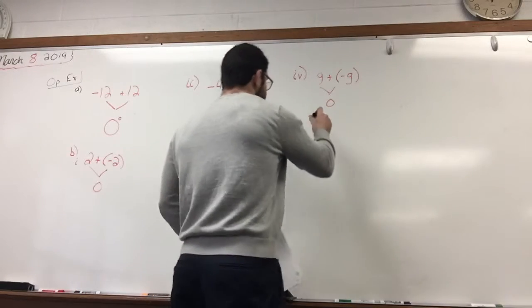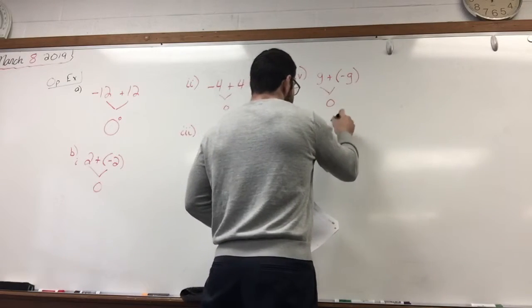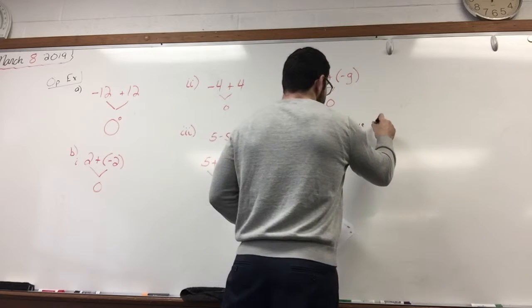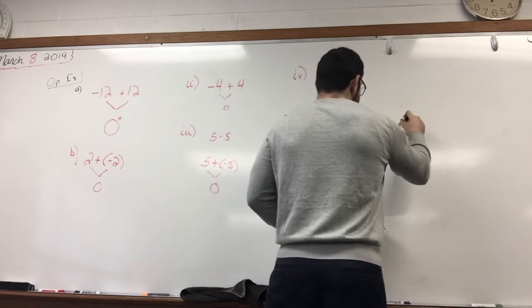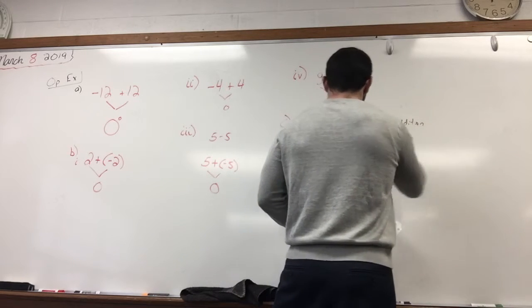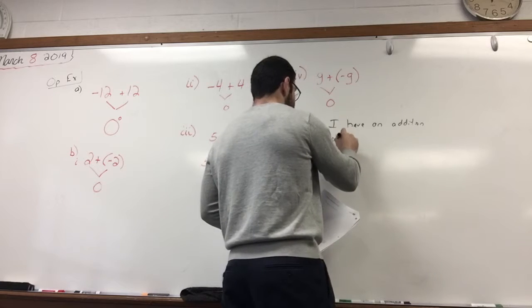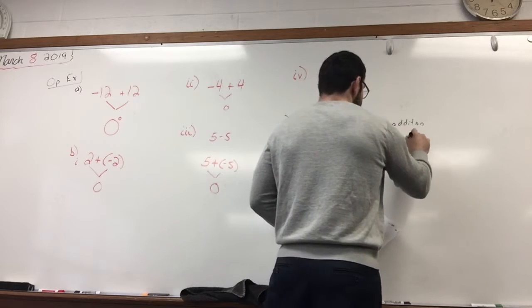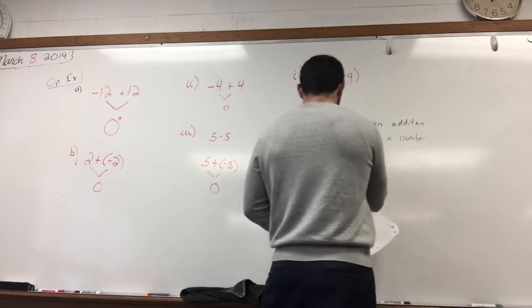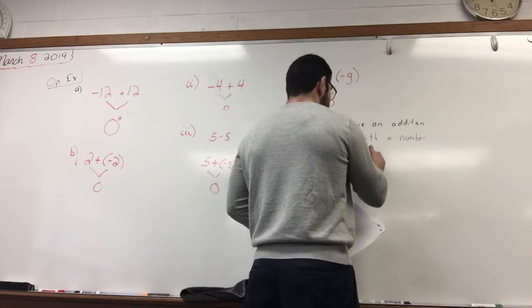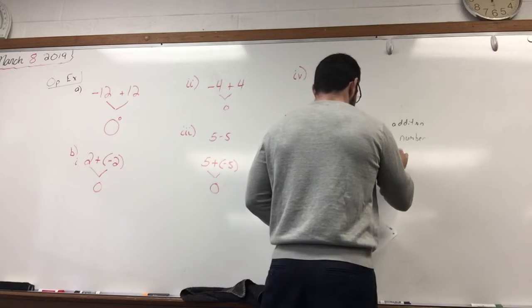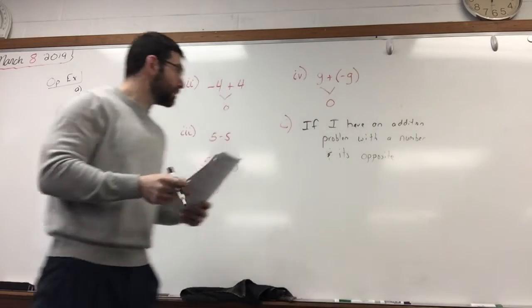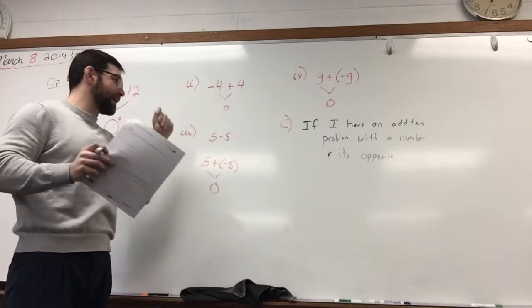The way that I would say this is, if I have an addition problem with a number and its opposite, and you're like, Mr. H, what do you mean? Well, if I have 4, its opposite is negative 4.